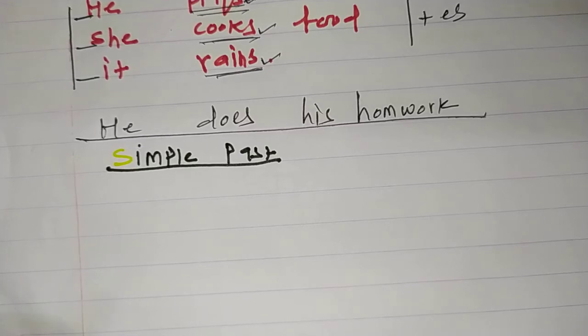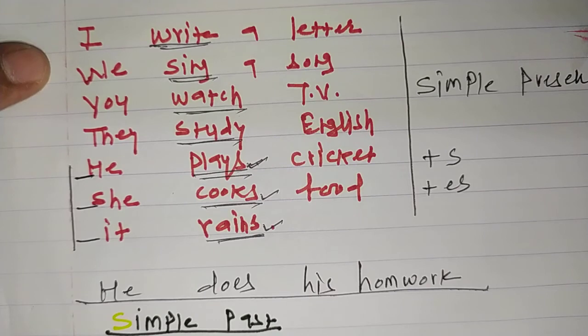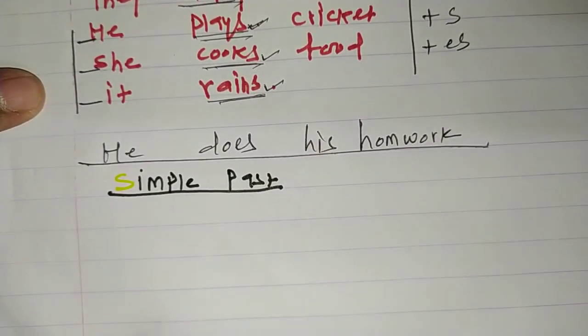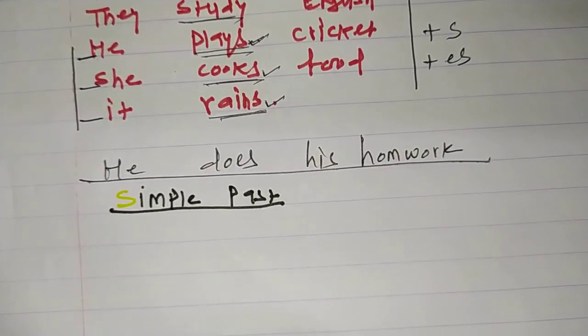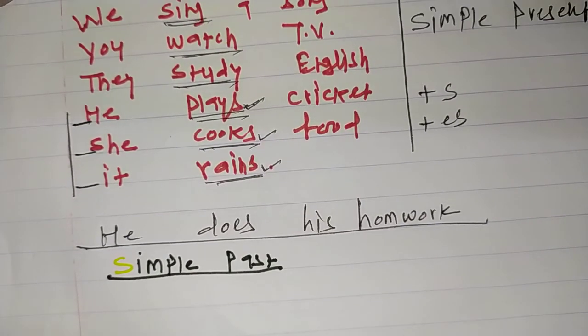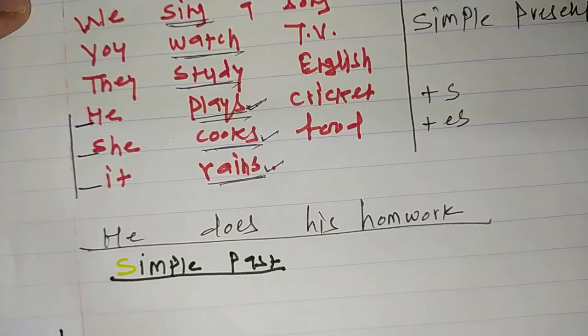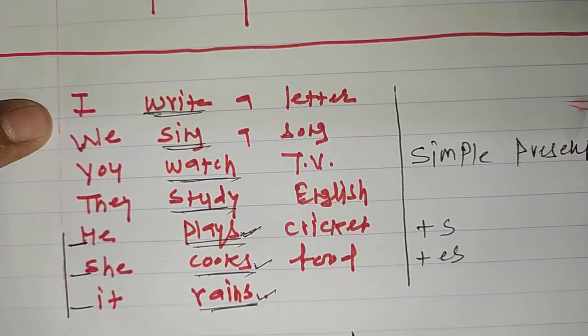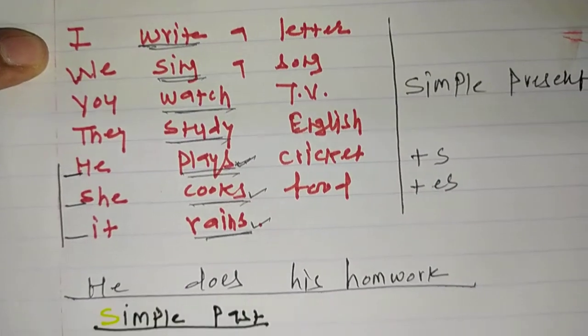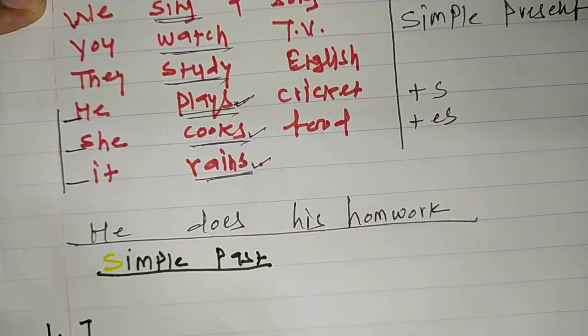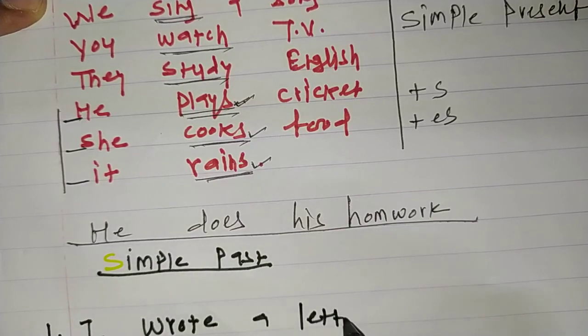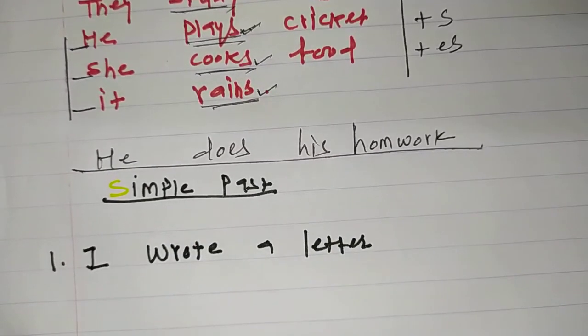Now, the same sentences of the simple present, I will turn into simple past. I will only write second form of the verbs. Our first sentence in simple present is I write a letter. It will be I wrote a letter. The second form of write is wrote.